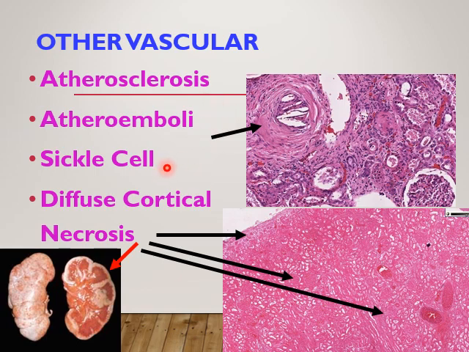Next is sickle cell nephropathy. These vascular disorders, which occur as a result of sickle cell disease, are grouped as sickle cell nephropathy, most commonly in homozygous and heterozygous patients with sickle cell anemia. As we know, sickle cells undergo extensive destruction when there is blood flow.